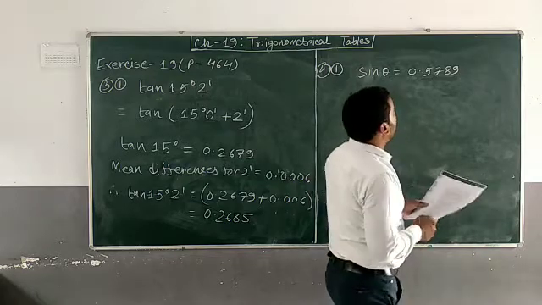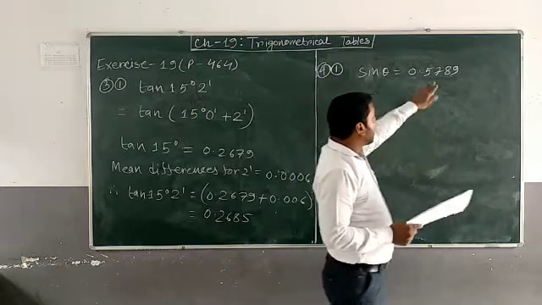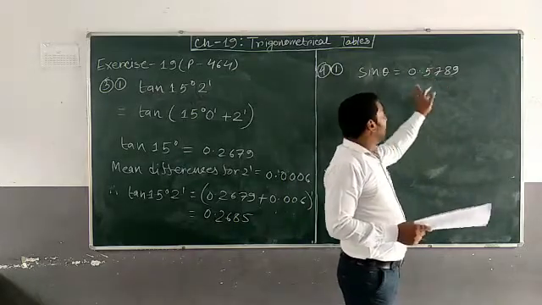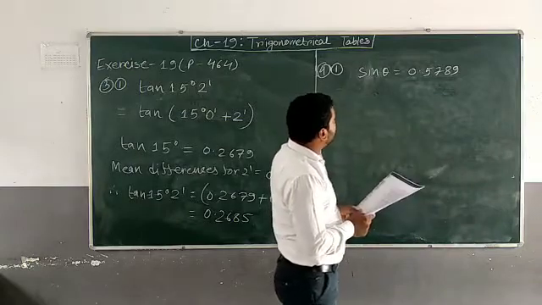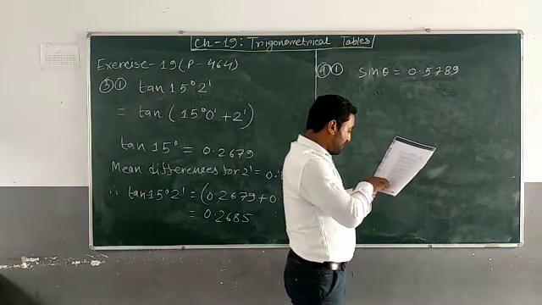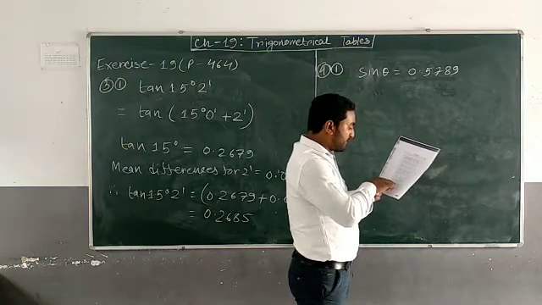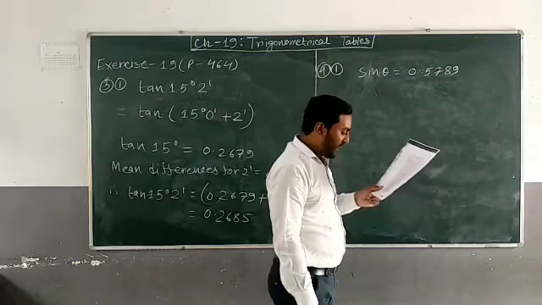No, this value is not in the table. So what you have to take? You have to take the nearest preceding value of this one. The nearest preceding value of 0.5789 is 0.5779.